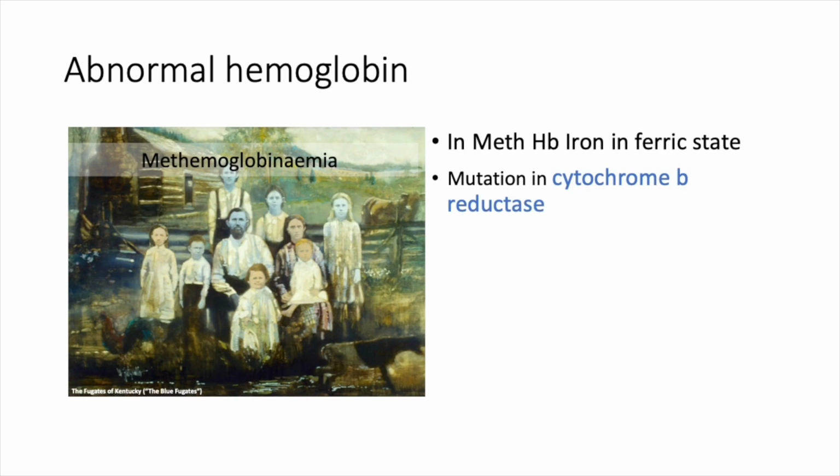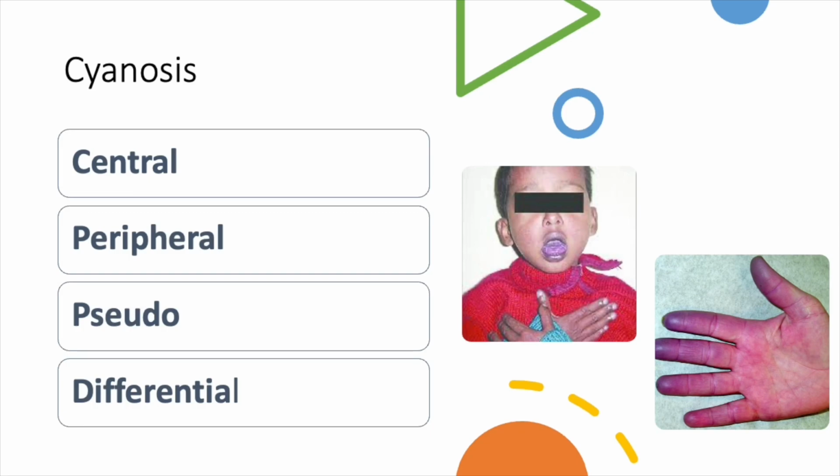So the first cause for cyanosis is that reduced hemoglobin level is increased in the blood, that is hypoxia or hypoxemia in the blood. Second cause is abnormal hemoglobins like sulfhemoglobin and methemoglobin. Coming to cyanosis, cyanosis can be central, that is, when the mucosa is affected.